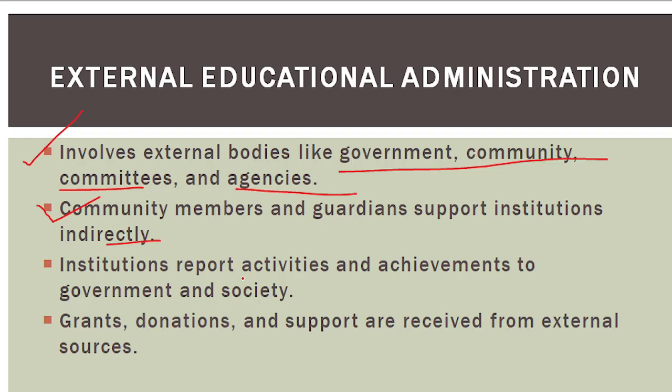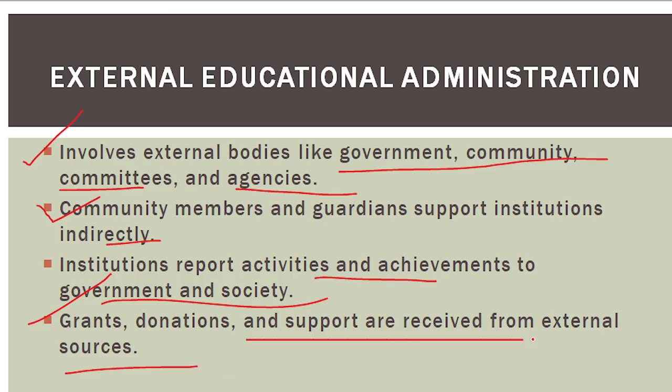Institutions report activities and achievements to government and society. So the grants, donations and support are received from external sources. Any support that we are getting from the outside is external educational administration, whether the government or agencies are providing any kind of donation to the school, scholarship, fellowship.